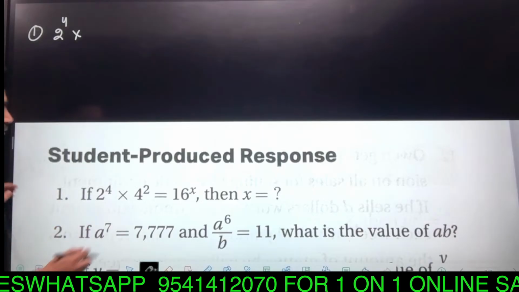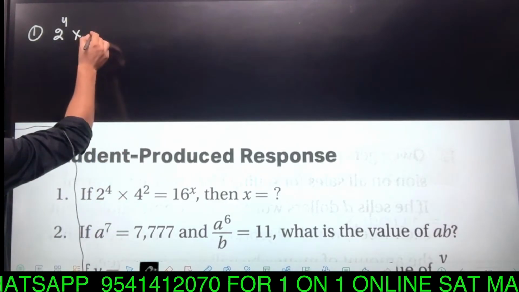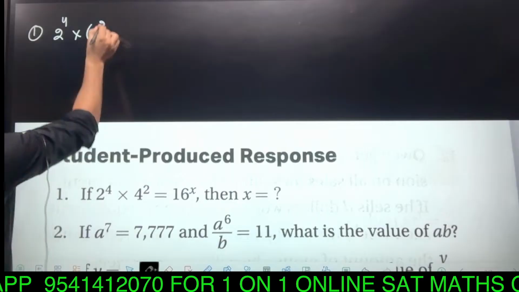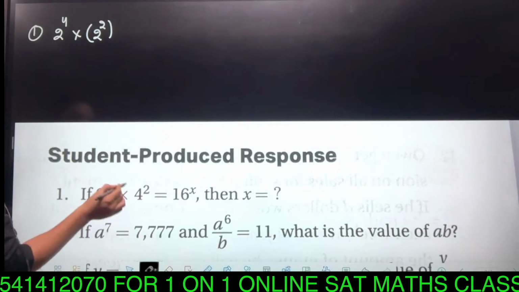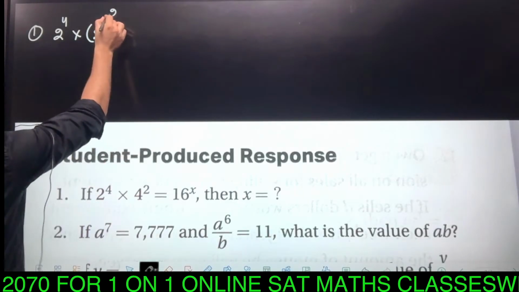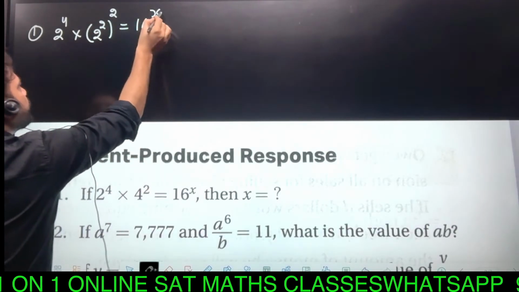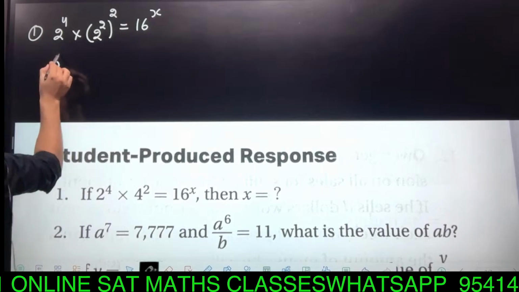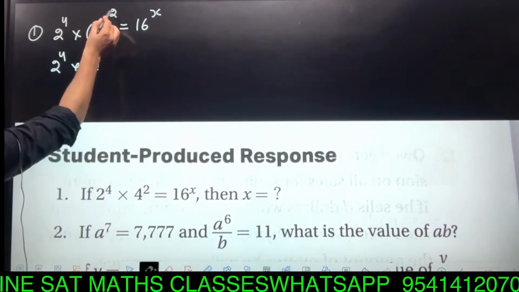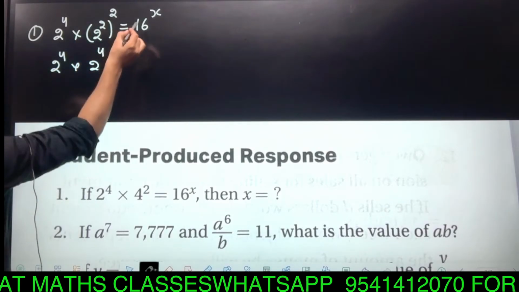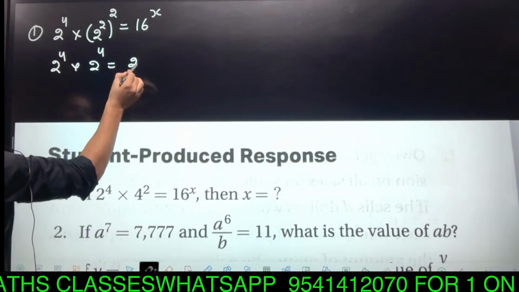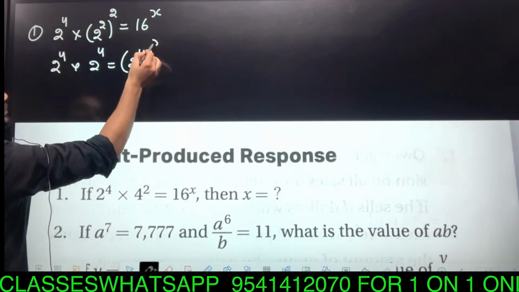So we will write this 4 as 2 power 2, and the power is again 2. This is equal to 16 power x. Now this is 2 power 4 into 2 power 2 into 2, and 16 is also 2 power 4.